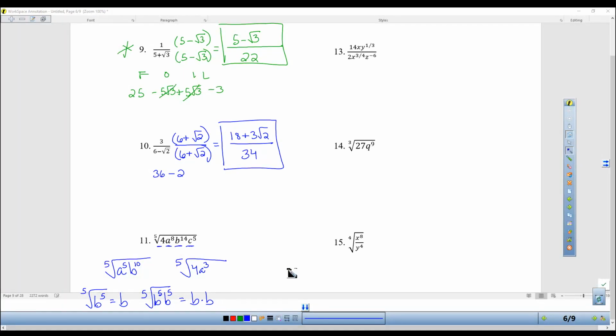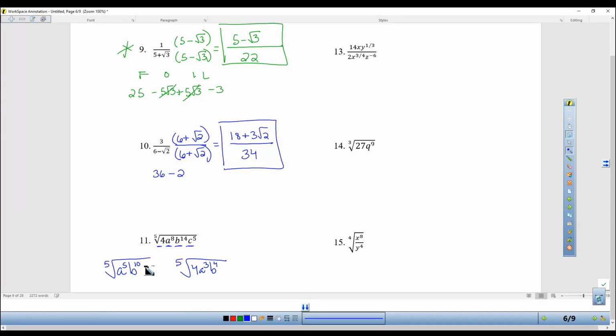Or another way to think about it is to change it to a fractional exponent. If you change it to a fractional exponent, the 10 gets to stay the exponent, but the root becomes the denominator. And you can see that that's going to simplify. So this definitely goes in my part that I can't do. But the other 4 b's, if you were to change it to a fractional exponent, can't be simplified. So those 4 have to stay in the part that I can't do pile.